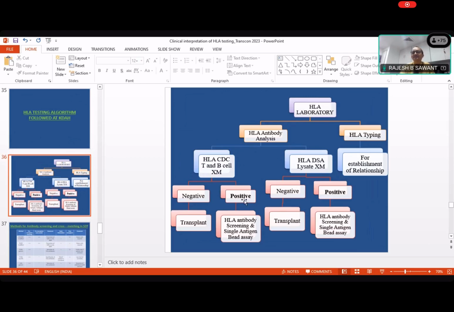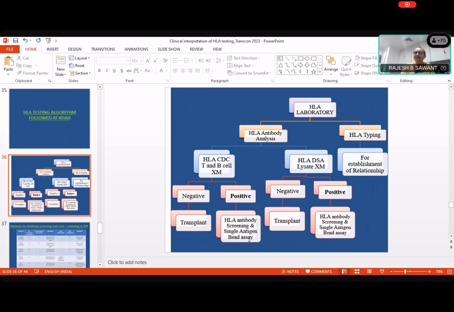But if these are positive, then you may want to do further confirmatory testing by doing a single antigen bead assay and understanding the specificity of the antibody. Suppose you identify an antibody which is specific to one particular HLA allele, say HLA-B52, and your donor does not have HLA-B52, he is negative.